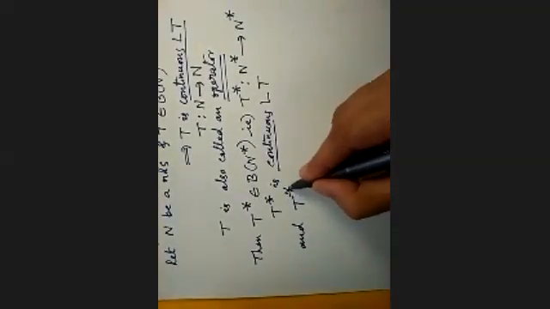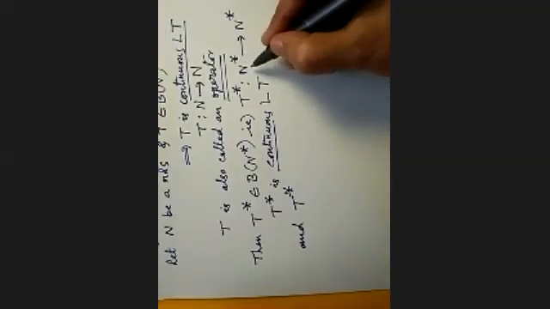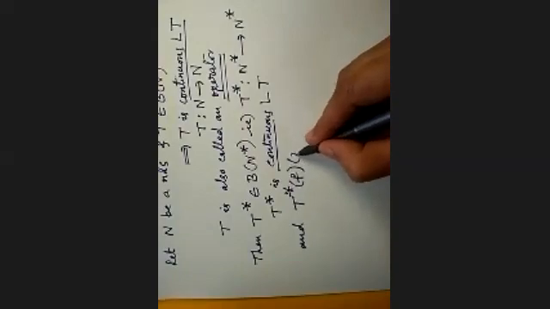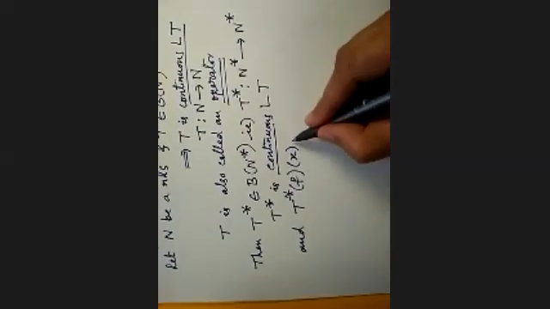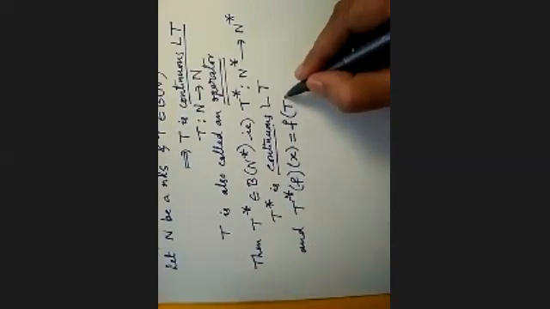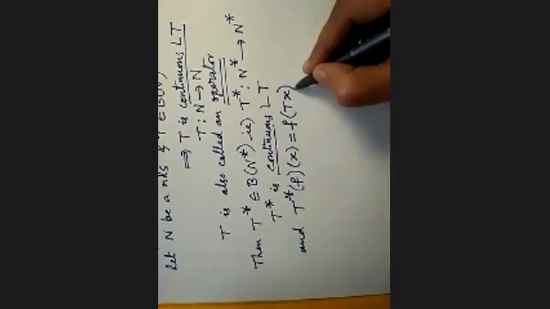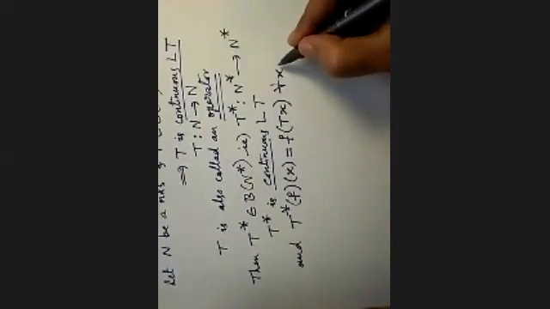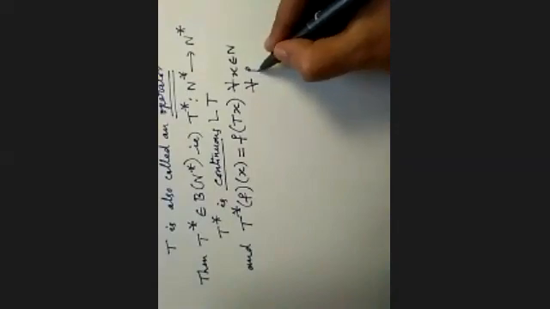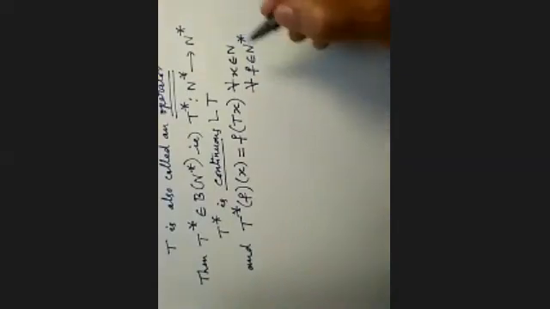T star acts on N star elements, and N star contains all functionals on N. So it acts on f, and f in turn acts on x in N. T star is defined like this: (T star f)(x) equals f of T x, for all x belonging to N, and very important, for all f coming from N star.